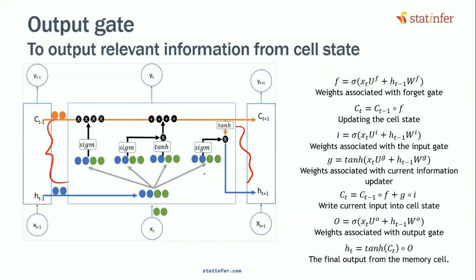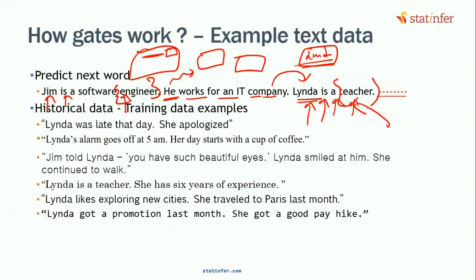Output gate will decide based on the information of the current cell state what should be the exact precise output. Because Linda was late that day, she can be one output. Linda's alarm goes off early, her can be one output.